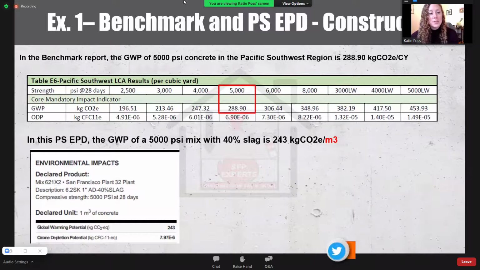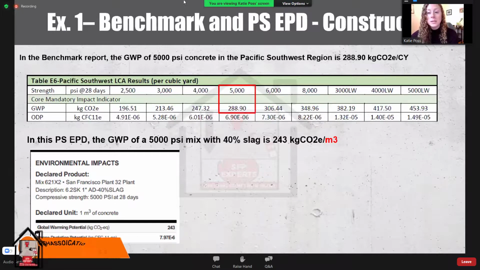And then they have a product-specific EPD for the 5,000 PSI mix with a 40% slag content that was used on the project. You notice anything different here? The declared unit on the product-specific EPD is in meters cubed. So far, our calculations have been in cubic yards. I'm going to stick with cubic yards because that's what we use here, which isn't confusing at all when you're working on projects overseas, but I digress.